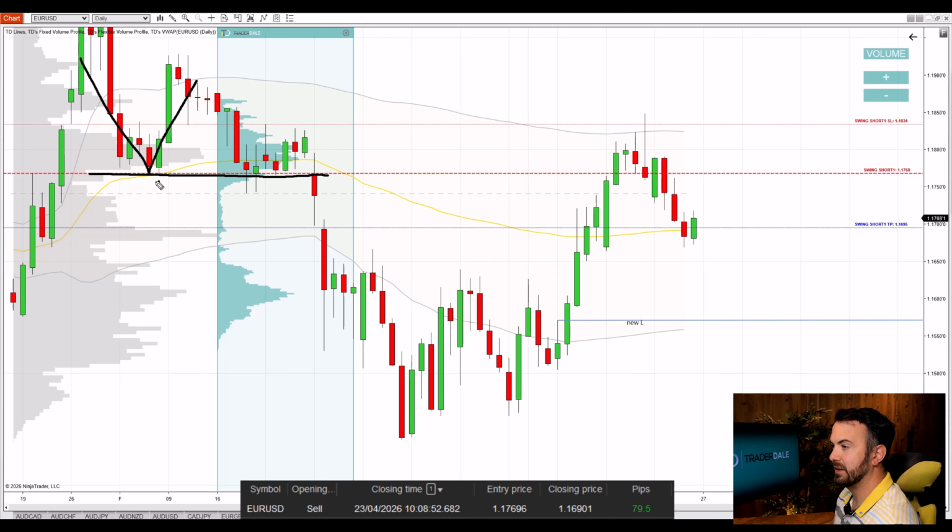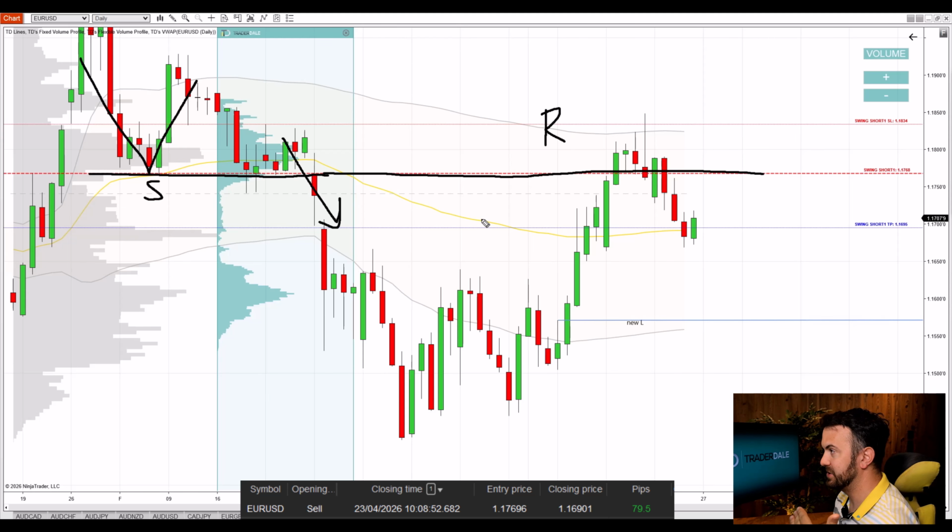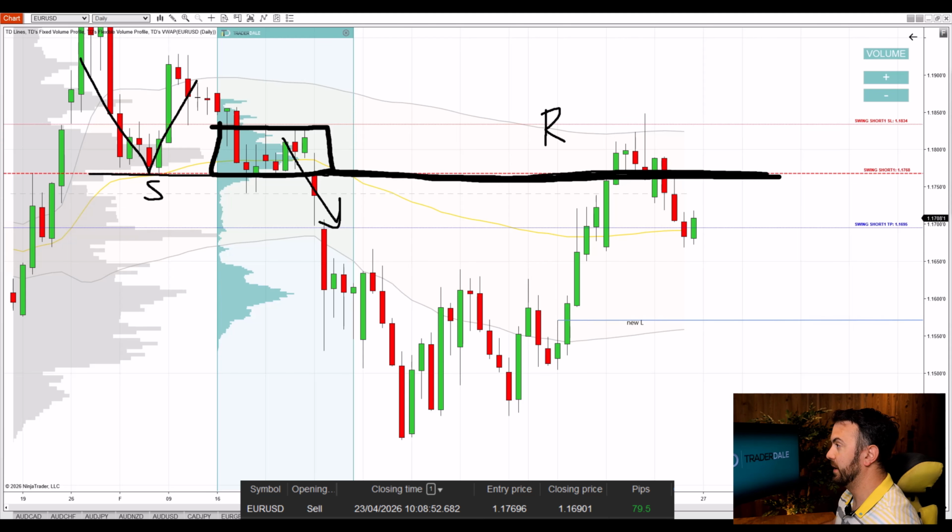So that means that it was a support in the past and then it turned into a resistance, right? Because the support got breached, the price went below it, and that's why it turned into a resistance. As you can see, it nicely aligns with this volume cluster here, right? So we had two setups confirming this resistance level, this one. So that's why I went short from there.